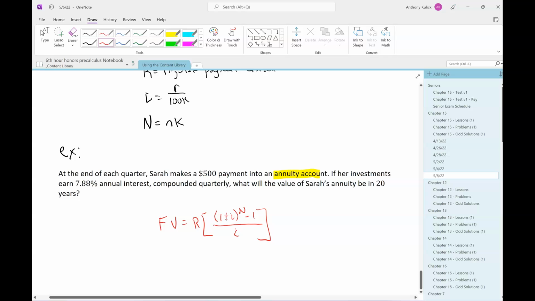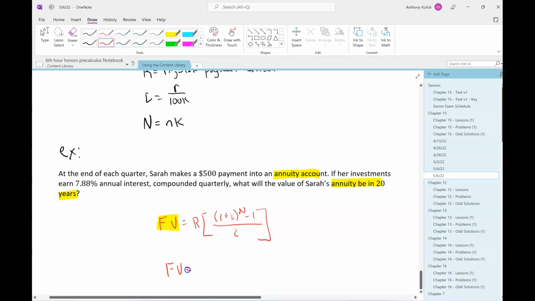And what parameter are we looking for? That's a future value, right?